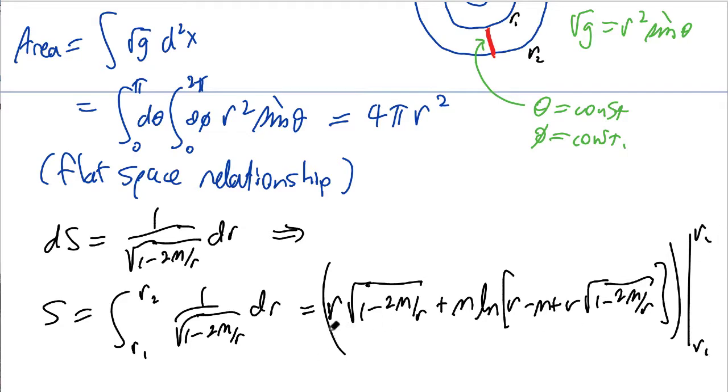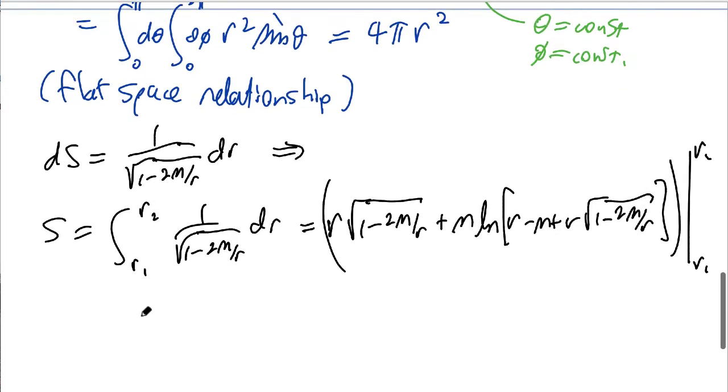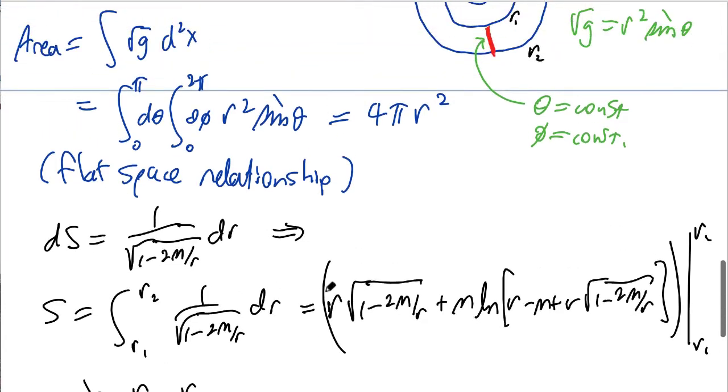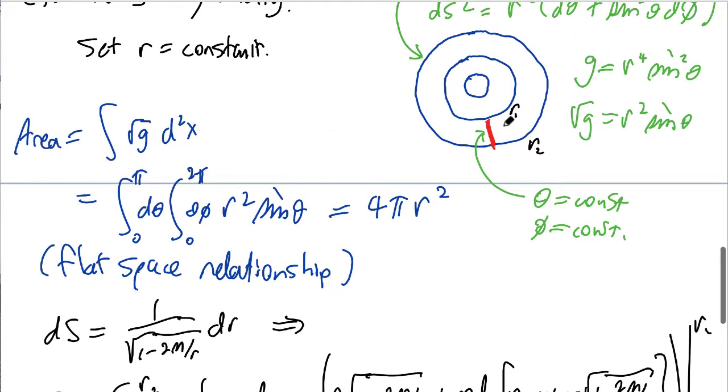All right, the result is not really that important. The main point is that this is not equal to r2 minus r1. So this coordinate r that labels these concentric spheres does not tell us the proper distance between the spheres. R is sometimes referred to as an areal radius because R does tell us the area of a sphere using the usual familiar flat space relationship.